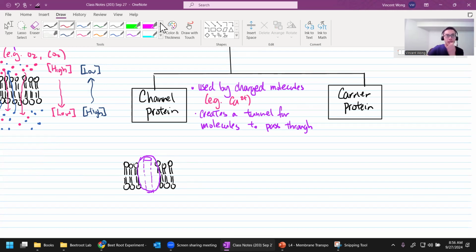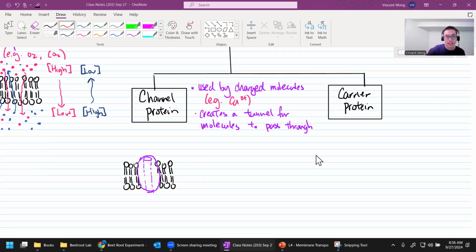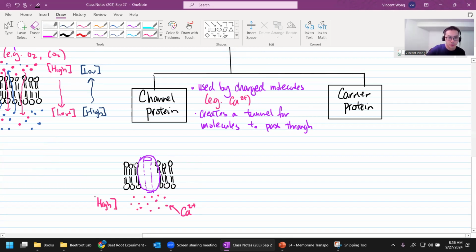So let's say we have a lot of calcium on the inside. Okay, so these are charged. Doesn't have to be calcium, could be other things, okay? But it's charged and it's high over here, high concentration, and then it's low concentration on the outside.